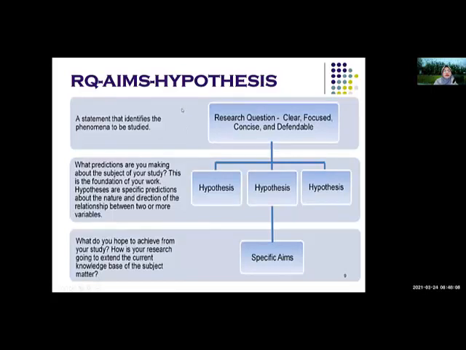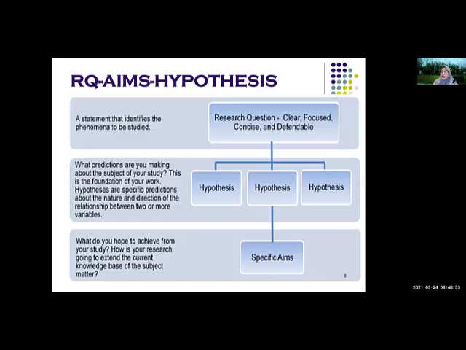So let us compare the research question, aims, and hypothesis. A research question must be clear, focused, concise, and defendable. It is a statement that identifies the phenomenon to be studied. So what is the hypothesis? What prediction are you making about the subject of your study?